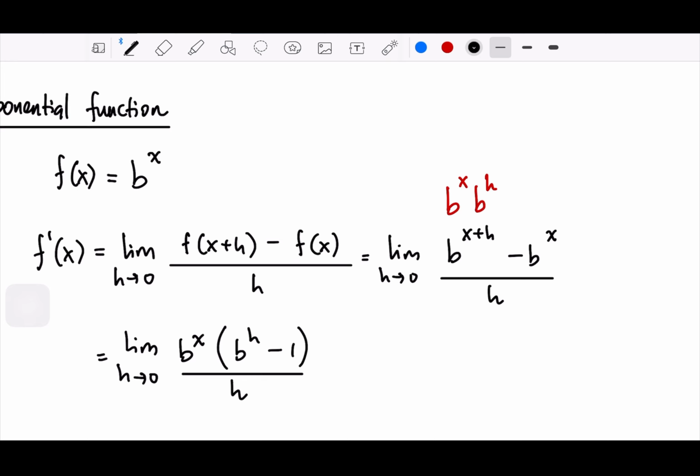Or even we can factorize b to the power of x outside of the limit, right? Because the limit is using h to approach, so we can factorize it outside here. So we get b to the power of x times the limit as h goes to 0 of b to the power of h minus 1 divided by h.